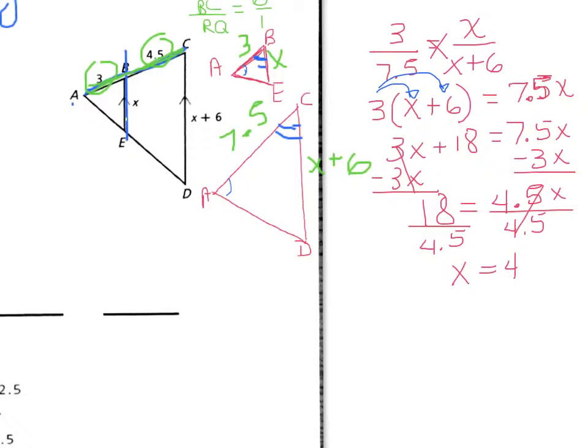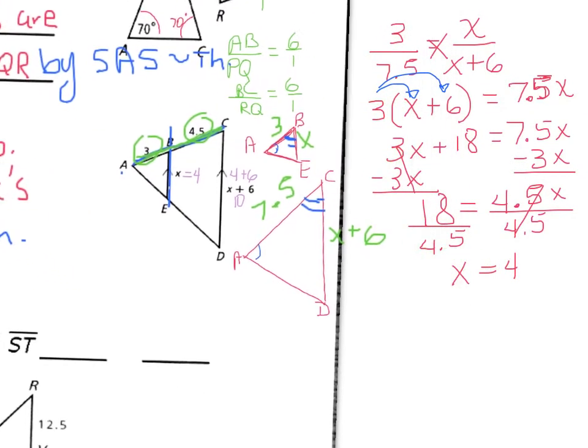Going back to x, which is BE, that would be 4. Then CD, instead of x, is 4 plus 6, so that would be 10.